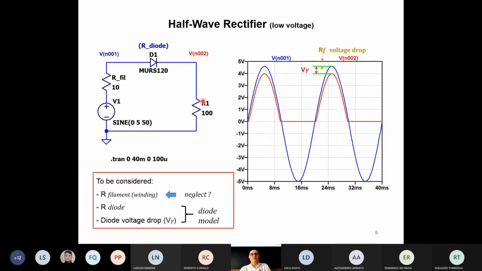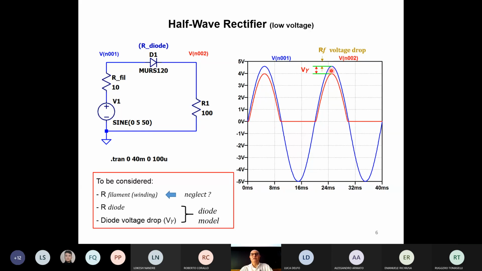What about the voltage across the resistance R1? Well, the voltage across the resistance R1 will be even lower, because there is also to add the drop across the diode. Okay? So this means that we started with a 5 volt peak voltage, and now we get a peak voltage, for instance, of 4 volts.